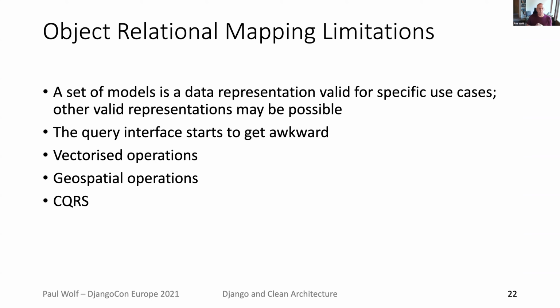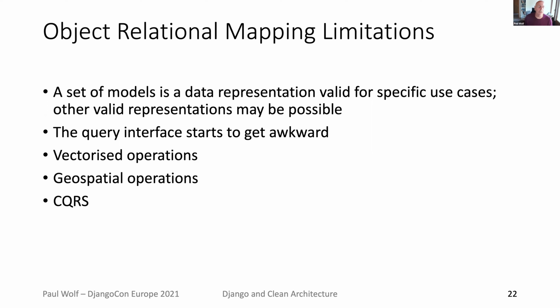The same thing with geospatial operations. I find, like I said, that the query set API is amazingly good, but it gets more difficult when you get into more specialist areas like geospatial operations. There's GeoDjango. It works very well, but it often doesn't work well enough to cover all the use cases.